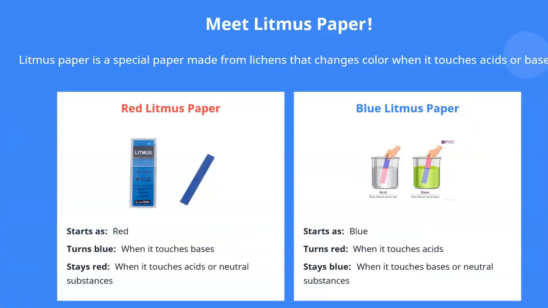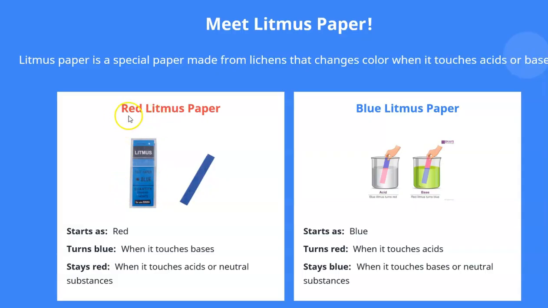Anyway, let's proceed. Meet litmus paper. So litmus paper is a special paper made from lichens that changes color when it touches acids or bases. So we have here red litmus paper. Oh, why is it that it's like blue?